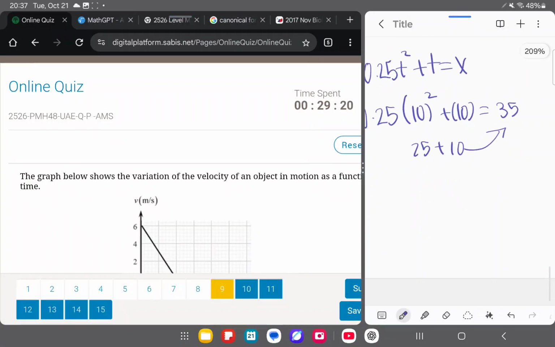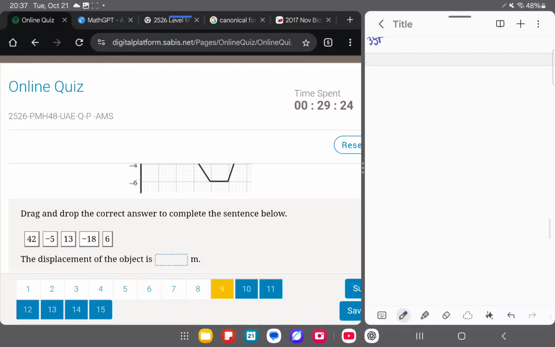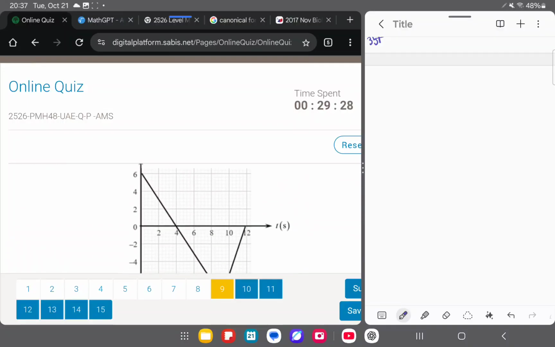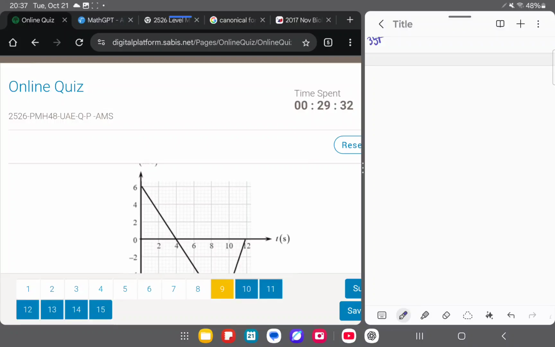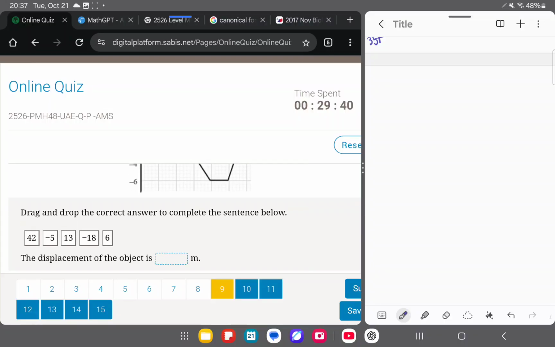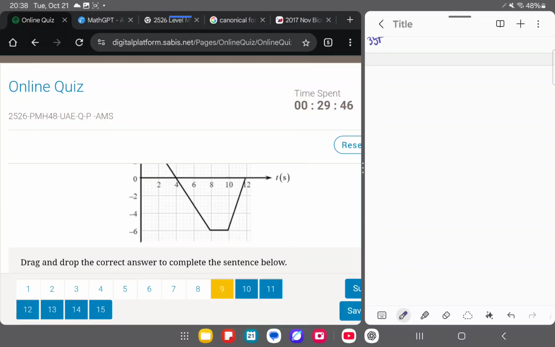Okay, now we're moving fast paced, so this is a lot nicer. Let's look here. They're asking for the displacement of the object, so they just want the full thing. This is again VT. To find the displacement, we have to find the area under this curve here, and then the area under this curve here. Displacement can be negative or positive.